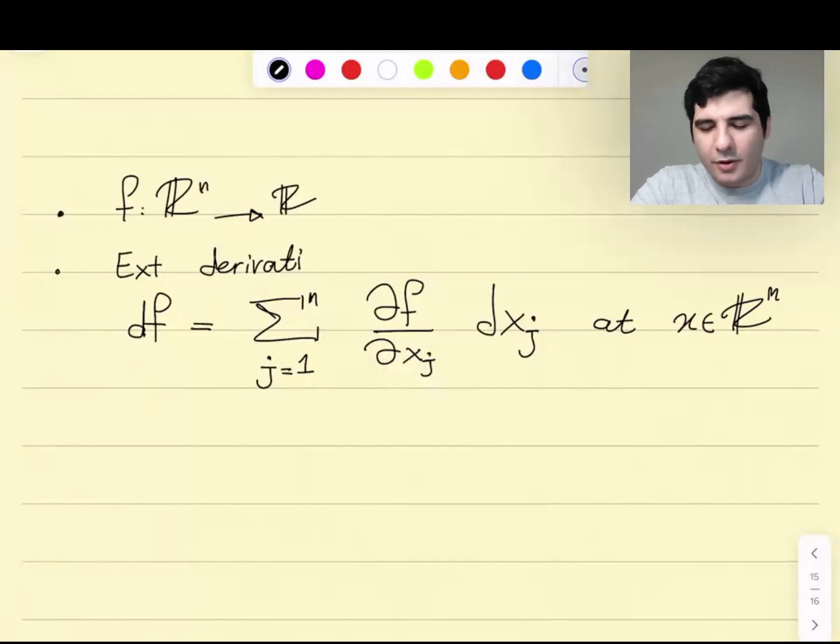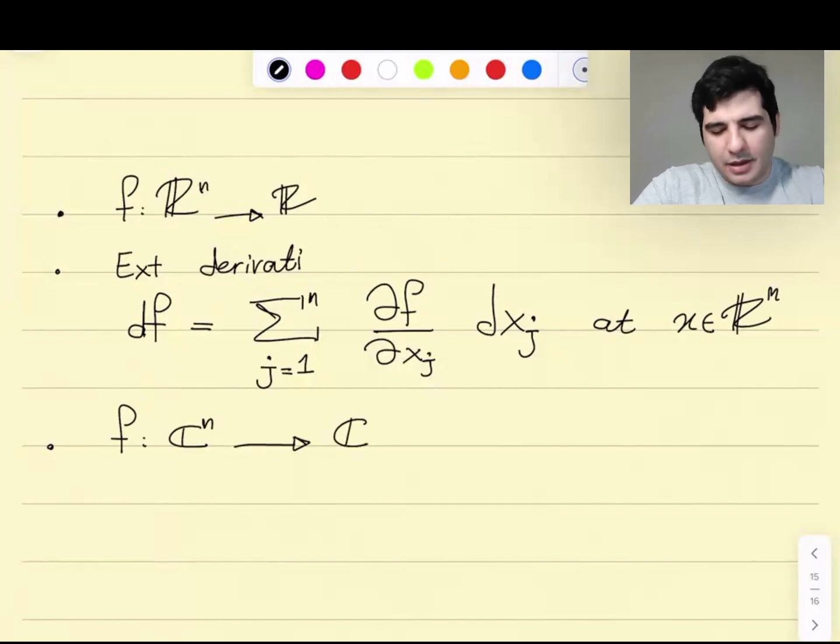This looks a bit formal, but this is actually what appears when we are integrating. Now, in the complex sense, when we have a function from Cn to C, we define something similar. The complex version would be the following.